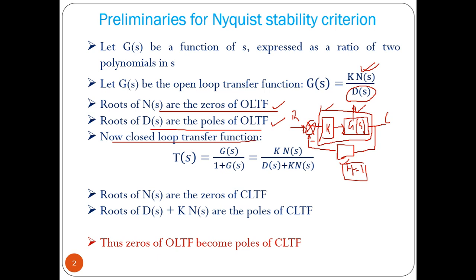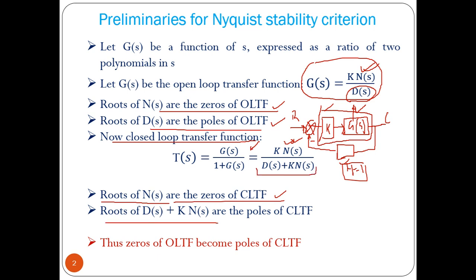So if we put the G(s) value in this formula, what you will get is K N(s) by D(s) plus K N(s). That means the roots of N(s) are the zeros of the closed loop transfer function, and the roots of D(s) plus K N(s) are the poles of the closed loop transfer function.